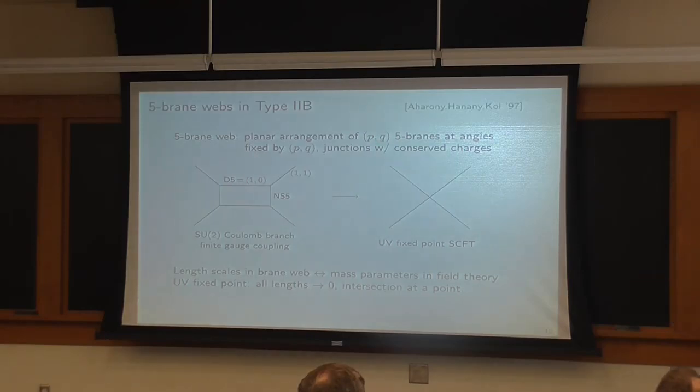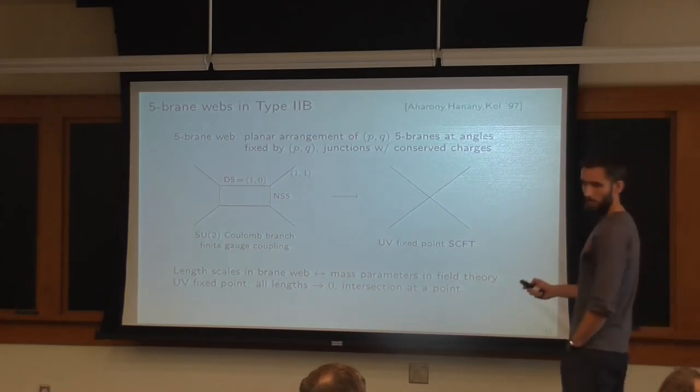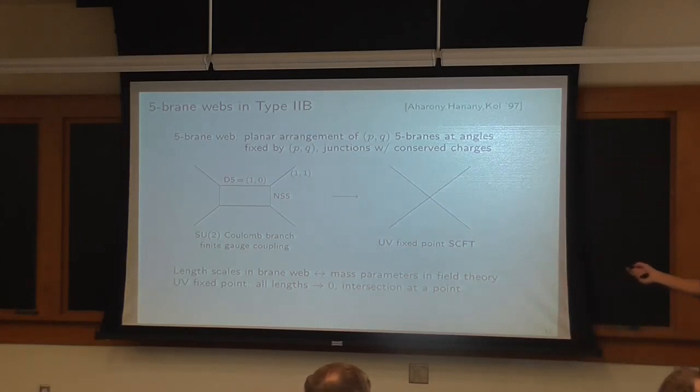The claim then is that this is the UV fixed point of this SU2 gauge theory, which I just wrote down as a low energy effective theory. On this intersection point, which is now truly a 5-dimensional locus, we have a superconformal field theory engineered by 5-branes, but it has a relevant deformation which flows back to this gauge theory description. And it's an infinite coupling.